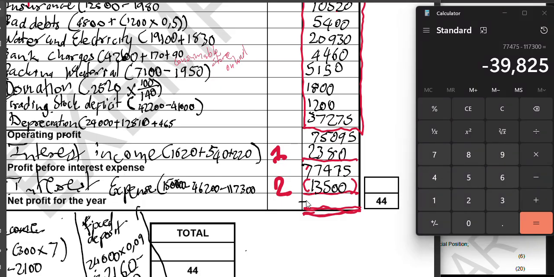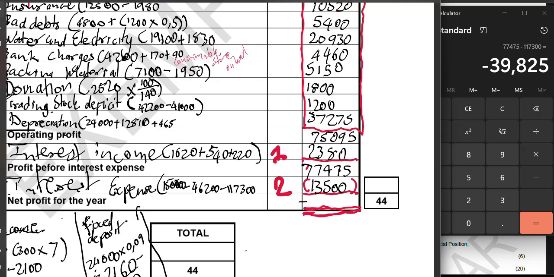Our answer is that we made a profit of, let me remove that, it looks like a minus. I just need to be sure with my answers.